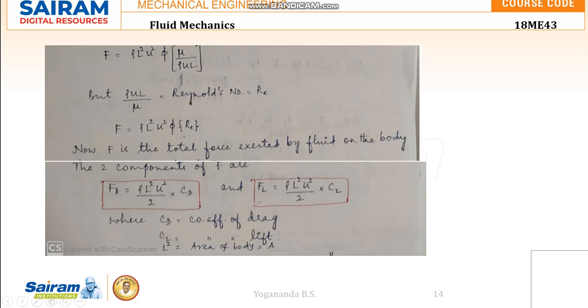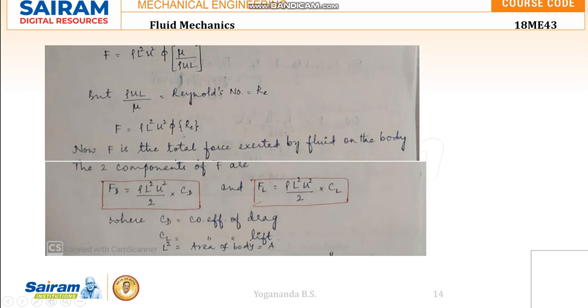Now F is the total force exerted by the fluid. We have two components of this total force, so we divide this total force into two components, the drag force and the lift force, where we have CD as the coefficient of drag and CL as the coefficient of lift.